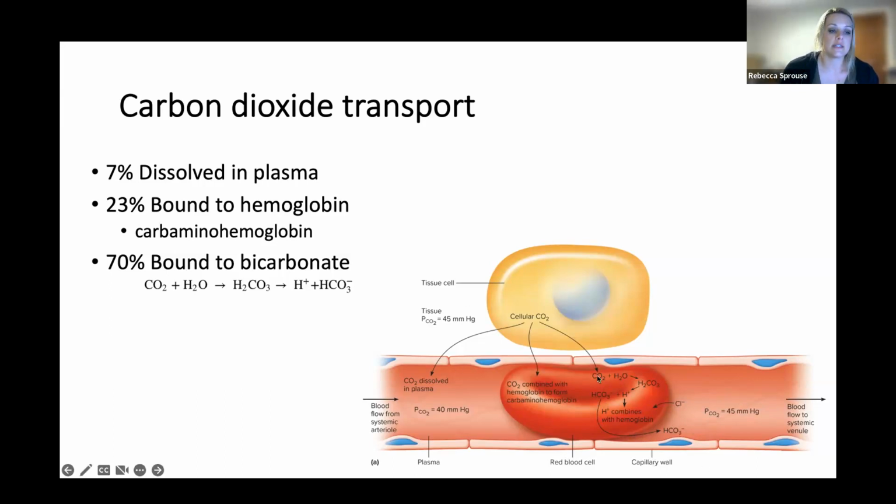And if this is deoxygenated blood, those hemoglobin molecules are not full of oxygen, right? So they can then bind with hydrogen ions in the meantime to kind of control the pH of that red blood cell at any time. So a lot of that carbon dioxide is going to be bound up to bicarbonate here, and then this reaction can go the other direction as well.